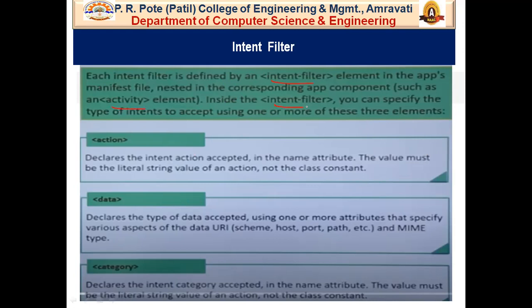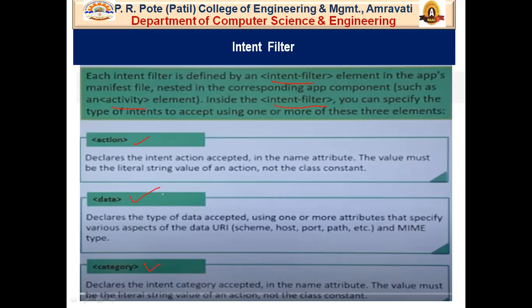And inside the intent filter, you can specify the type of intents, explicit or implicit, to accept using one or more of these three elements. So there are three elements in the intent filter. First one is action, second one is data, and third one is category.